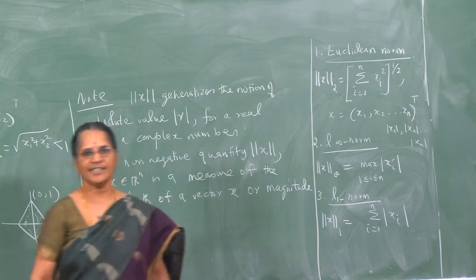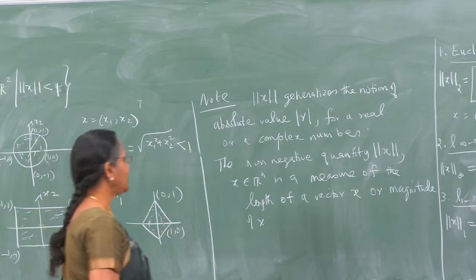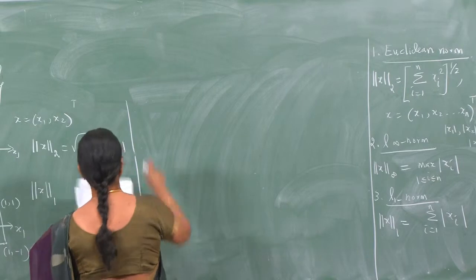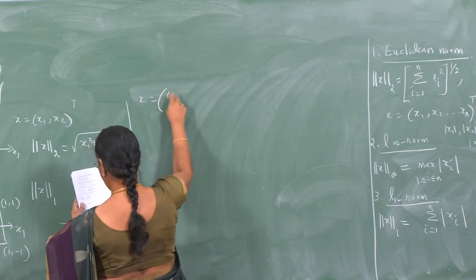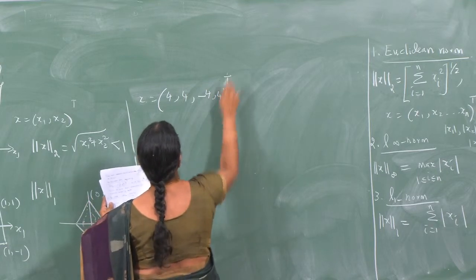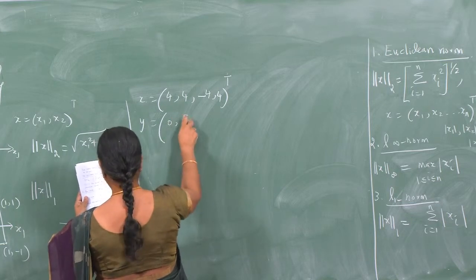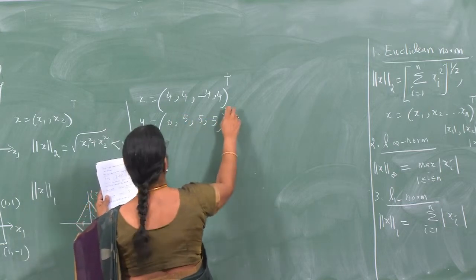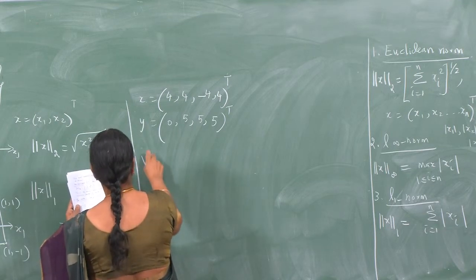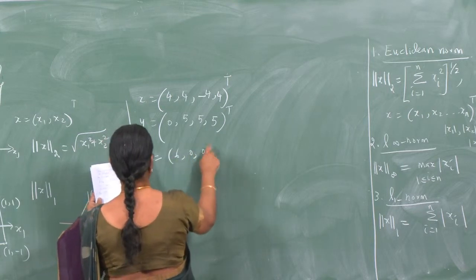Maybe we can take some more examples so that we have a clear understanding of the notion of these norms. Suppose I give you the following vectors, namely x has components 4, 4, minus 4, 4, and then y is another vector having components 0, 5, 5, 5, and say w is a vector 6, 0, 0, 0.